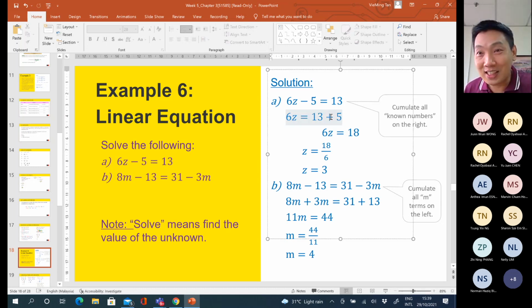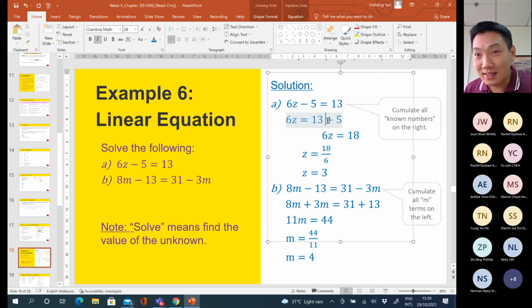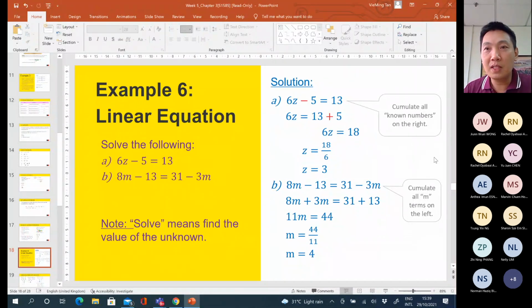It's due to the relationship between z and 5 being a subtract relationship. So if 5 moves to the other side, it becomes plus, so that both islands will be balanced. So far so good.